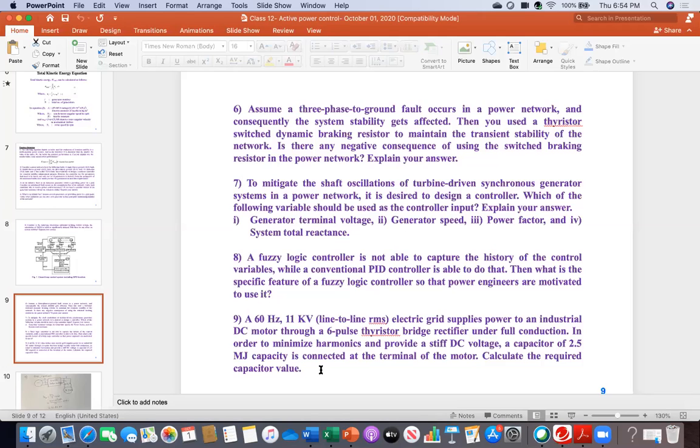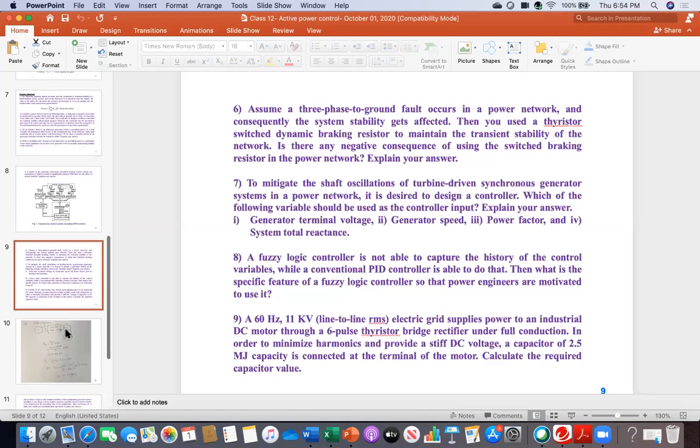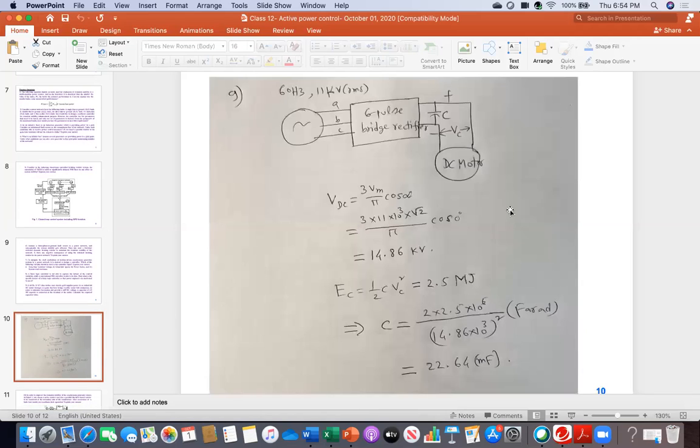So everybody, could you guess what to do? Actually for you, I have done this one. You see that picture. So what you have to do? You have this information, AC RMS voltage 11 kV. So first you calculate what is the DC voltage available here, what is your Vc or the VDC.